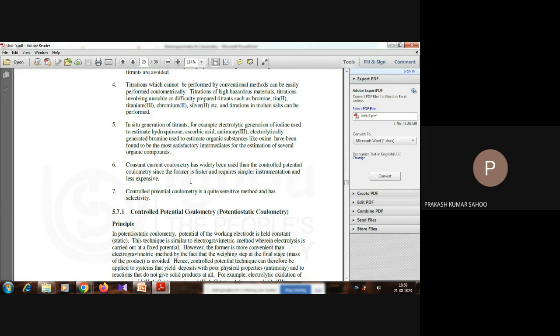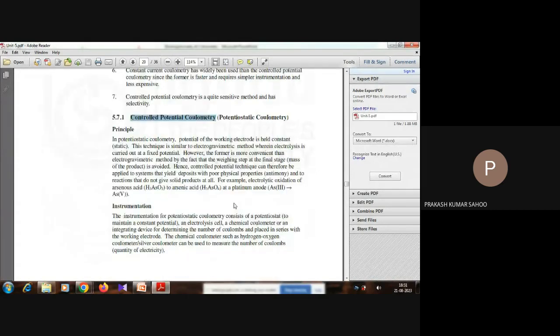At last, controlled potential coulometry is a quite sensitive method and has selectivity. So one important type of coulometry is controlled potential, that is potentiostatic coulometry. This is very sensitive and also has some selectivity.